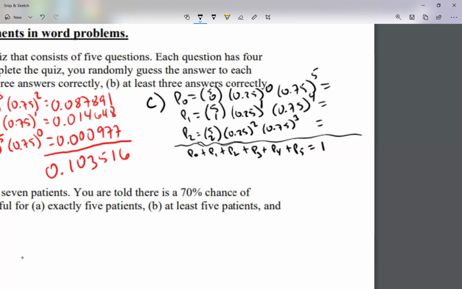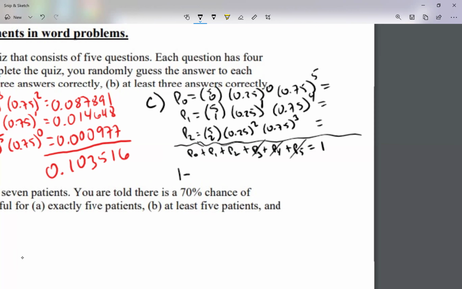So I can just say I want to take away the 3, 4, 5. So I can just say 1 minus, and as a matter of fact, let me just say here, probability of 3, probability of 4, probability of 5.